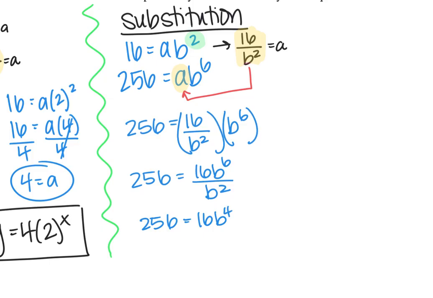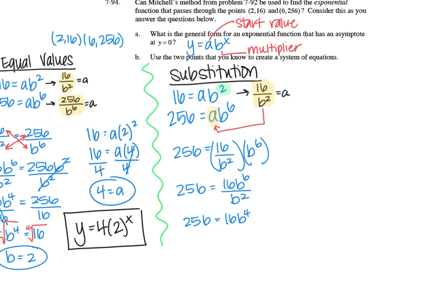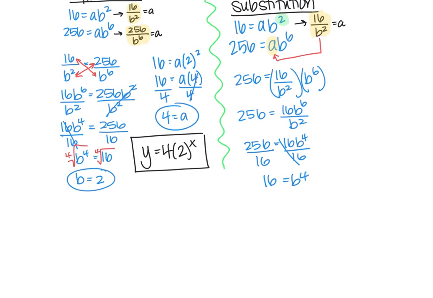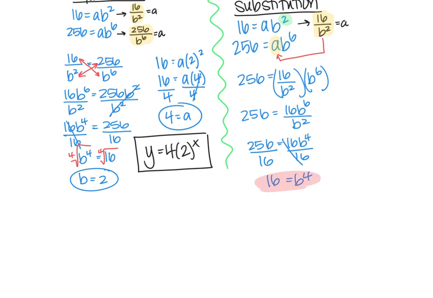16 b to the 4th. And you should maybe recognize that once I divide both sides by 16, I have 16 equals b to the 4th, which quite honestly looks a lot like what I have here.